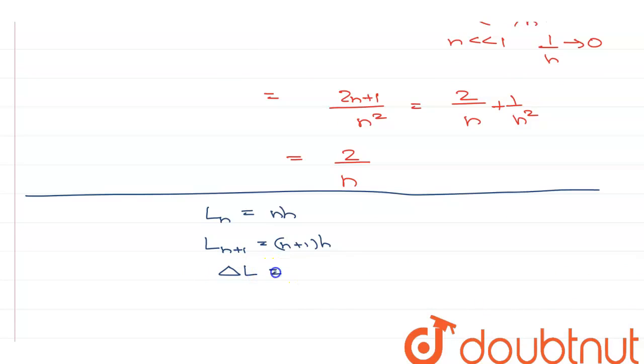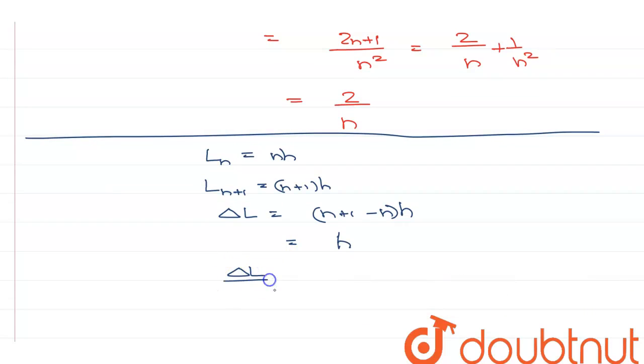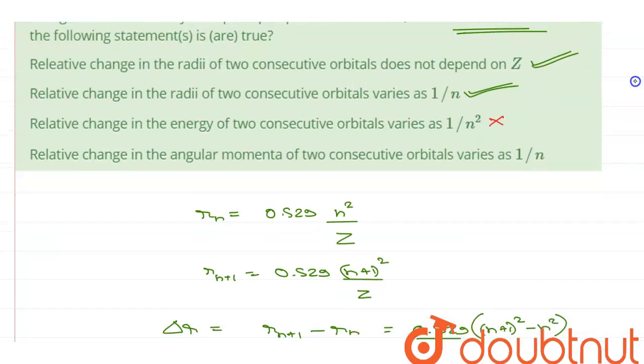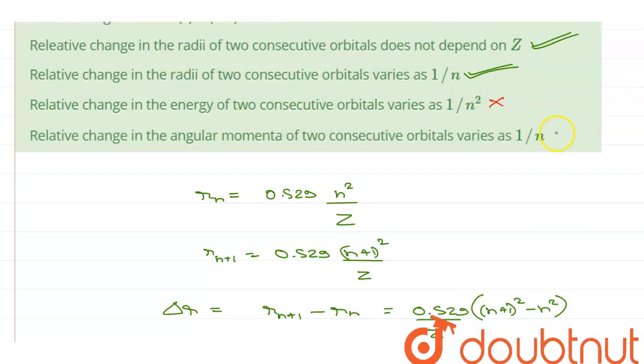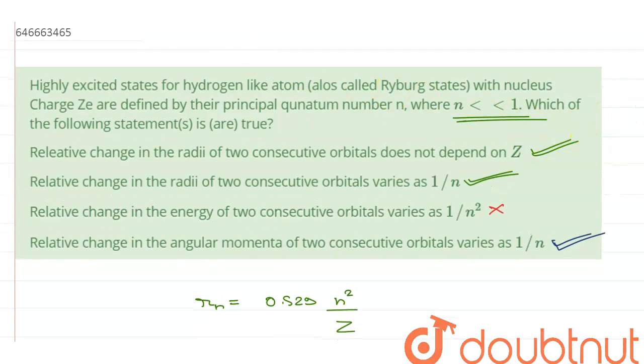Change in angular momentum becomes (n plus 1 minus n) times h, which is equal to h, and the relative change becomes change in angular momentum divided by angular momentum for the nth orbital, which is h upon nh, equal to 1 by n. So the relative change in angular momentum varies by the factor of 1 by n. So the final statement, D, is also correct. So the answers for this question are A, B and D.